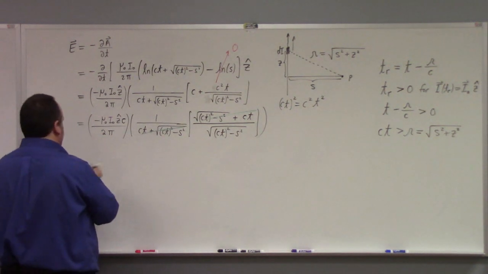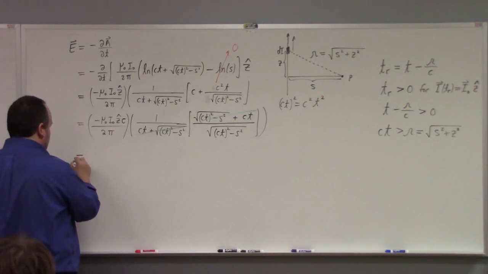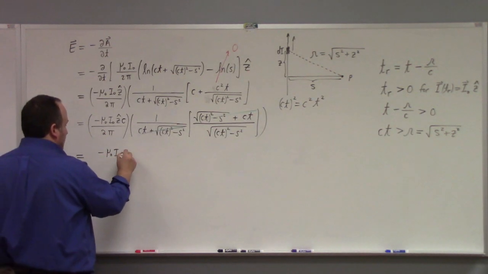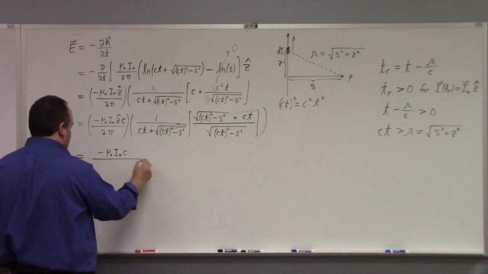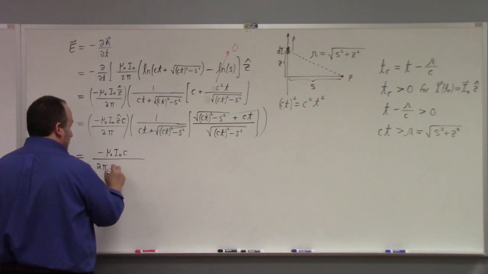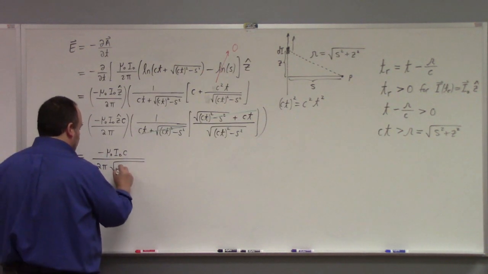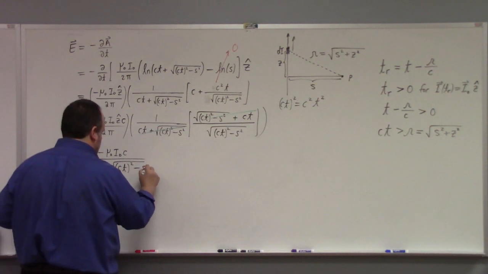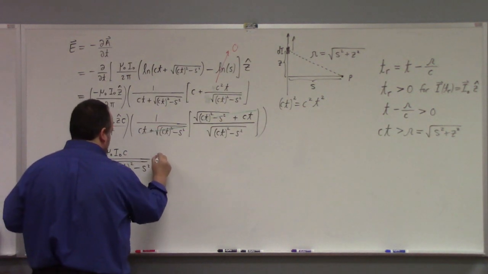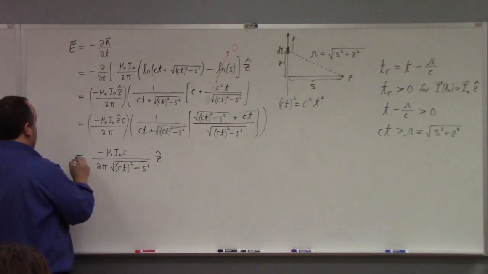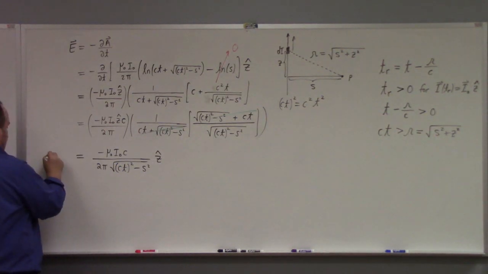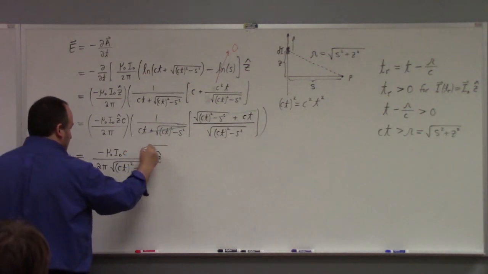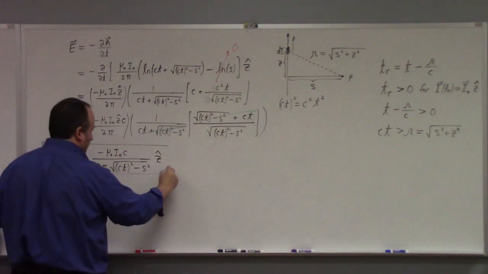And so what we're left with is simply minus mu naught I naught c divided by 2 pi times the square root of CT quantity squared minus S squared z hat. So there you go. That's the electric field at s, t, at the points where it's non-zero inside the cylinder of propagation.